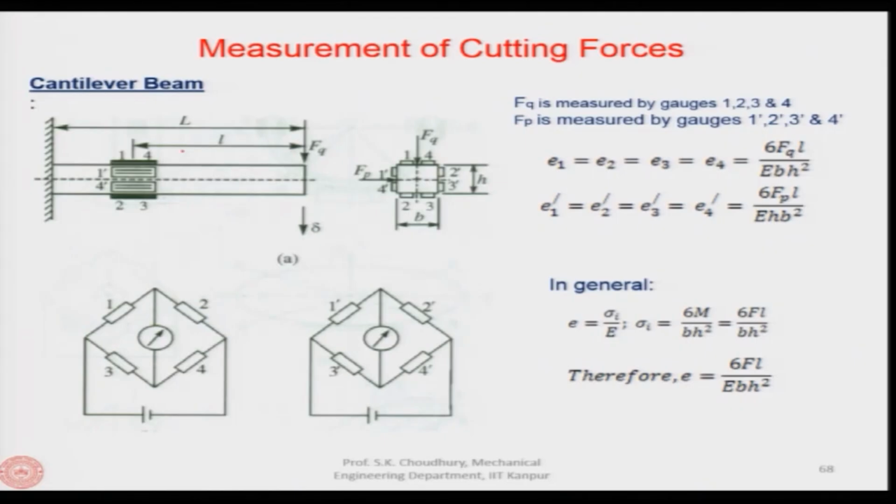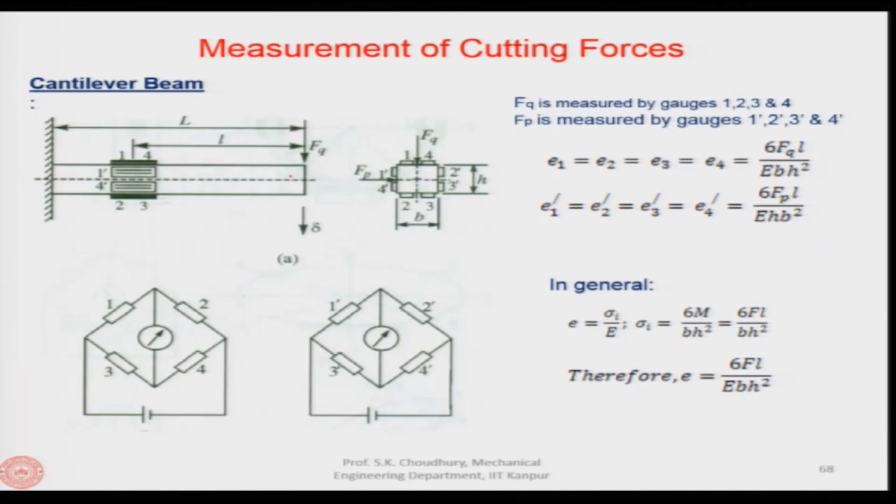So, if you can measure the moment from there, knowing the distance from the application of the load, we can find out the force. This is the principle by which forces are measured in the cantilever beam.